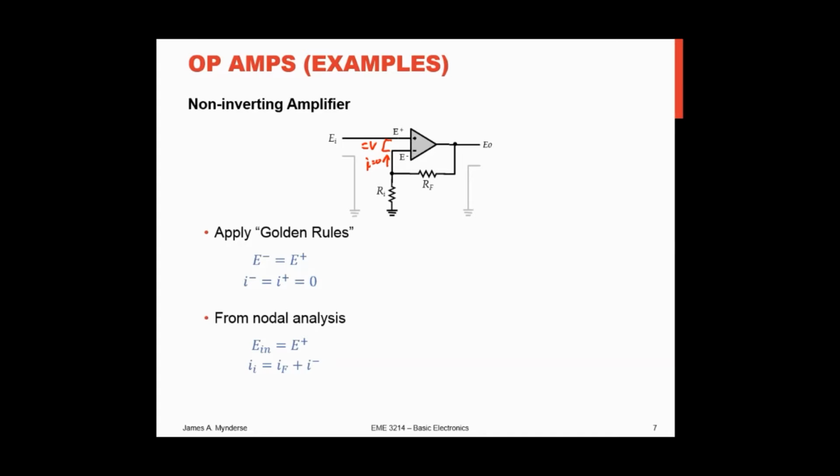So I can say that EI equals E plus, just because they're directly connected, and that means that E minus is going to be the same as EI, and we also know that the input current on the minus leg here, this input current, I'll put a minus there, is equal to the feedback current plus I minus, which is 0.